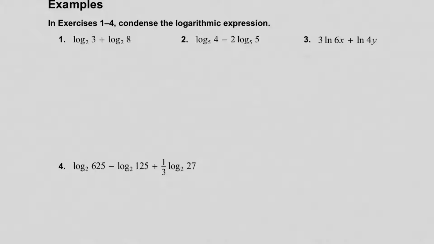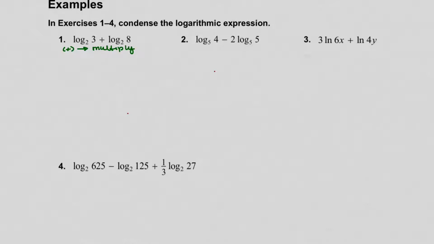Okay, so let's start. We're going to condense this logarithmic expression. So remember, condensing, we've got log base 2 written 2 times, and we want to condense it down to where it's only stated once. So the first thing that I notice is that there's a plus. So I know that means that I can multiply.